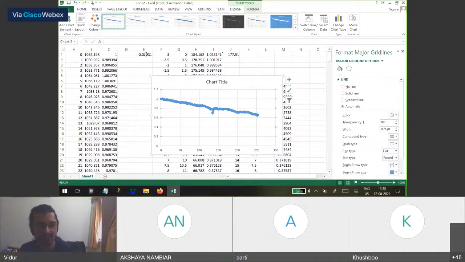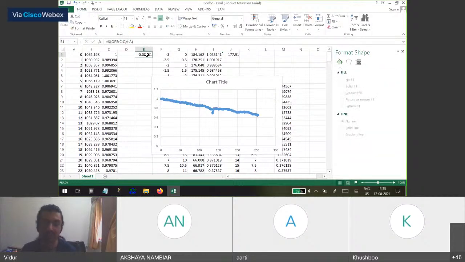Since we have this slope value, we can use the value for intensity loss over time. And since it's linear, we just need to add this number sequentially to each one of these rows. That's it. So that's what we're going to do.